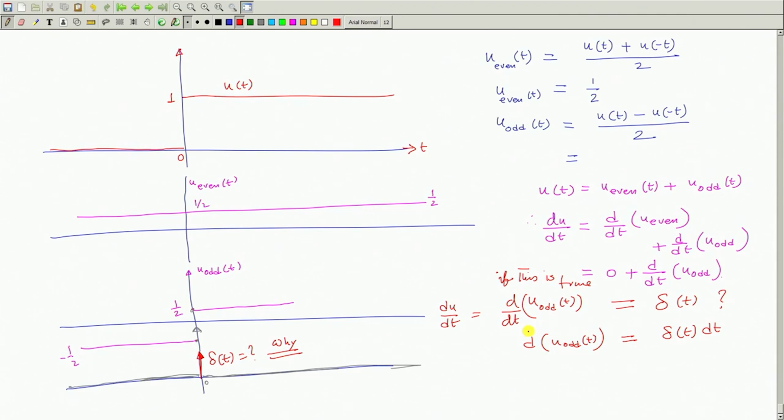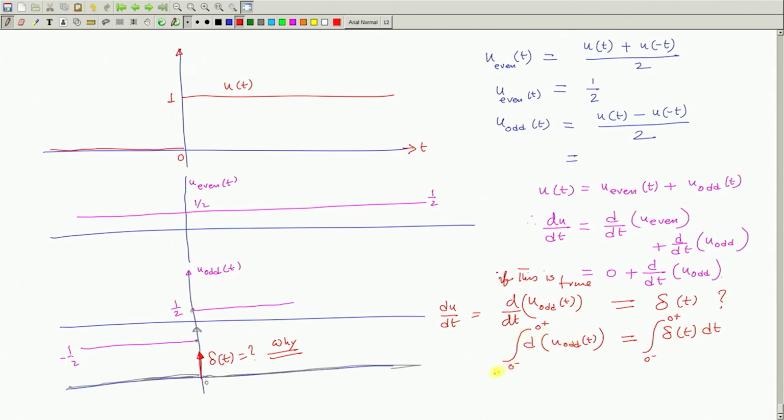Then you integrate this from 0 minus to 0 plus, both sides. Because delta t is infinitely large, what can I do? But one thing about the impulse function is sure: the integral from 0 minus to 0 plus of delta t dt is 1. Now, let us see whether the left hand side also gives you 1.